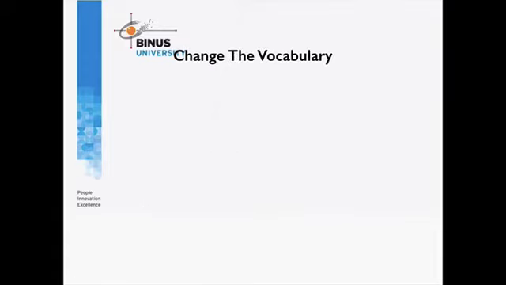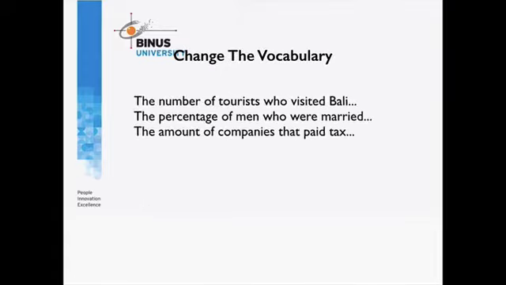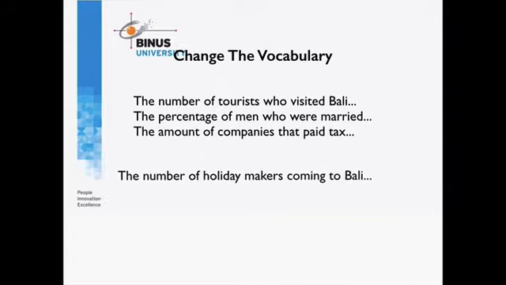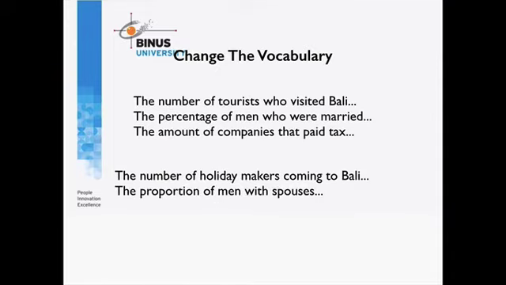The other thing you can do is to change the vocabulary. So once again, let's take these examples. And what you need to do is you need to look at some of the key words and see if you can think of alternative vocabulary for those words. So if I show you the examples here, with the number of tourists who visited Bali, tourists can be holiday makers. Visit can be changed to coming to. With the percentage of men who are married, then you can change percentage to proportion.